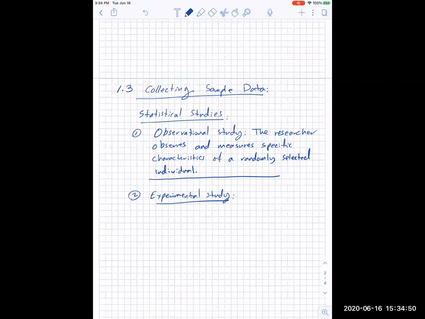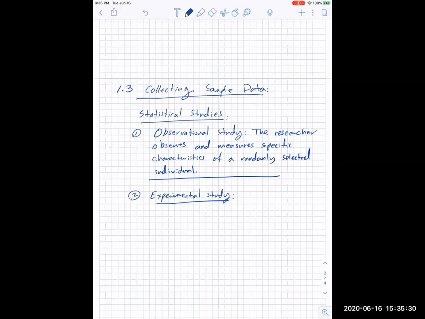These types of studies are usually done when there is a new medicine or drug in the market, a new method, something new that is coming out to the public. The manufacturer, the company that has this product, usually wants to test that product before it is put in the market. So they usually conduct experimental studies.